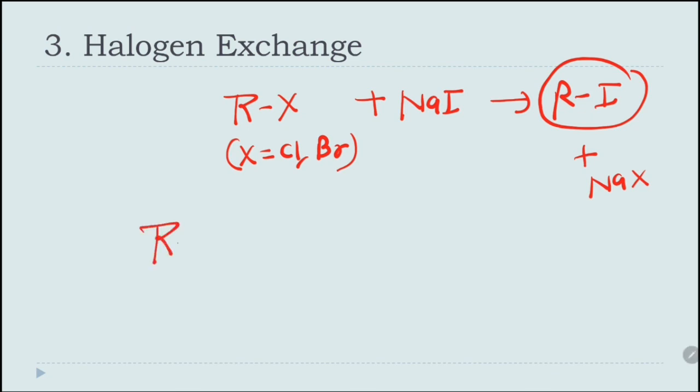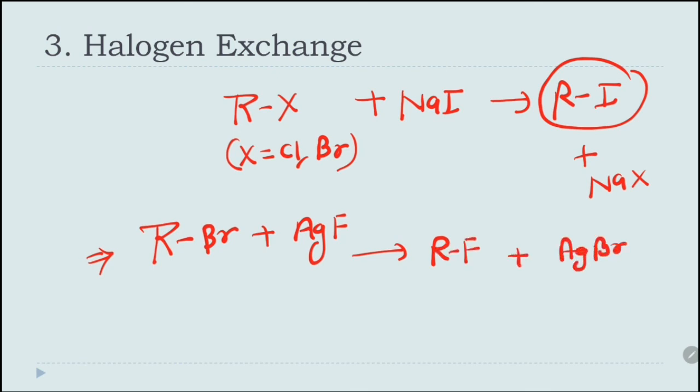So look at this reaction, this is very important. If we want to form fluoroalkane, we can take alkyl bromide and react it with silver fluoride. Here we will get alkyl fluoride plus silver bromide. These reactions are halogen exchange reactions.